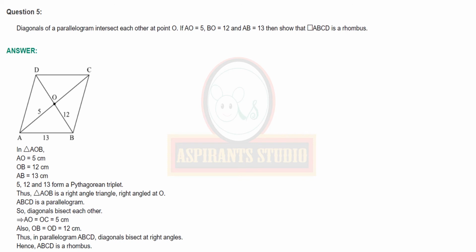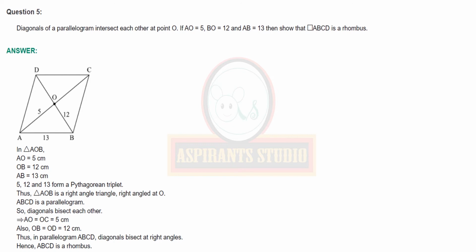Now coming to question number 5. Diagonals of a parallelogram intersect each other at point O. If AO is equal to 5, BO is equal to 12 and AB is equal to 13, then show that quadrilateral ABCD is a rhombus.